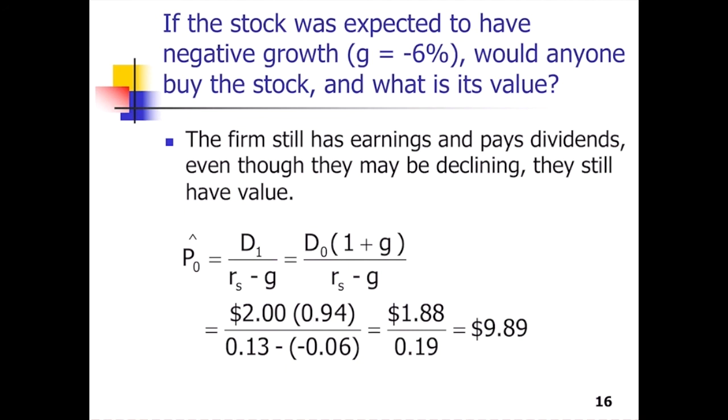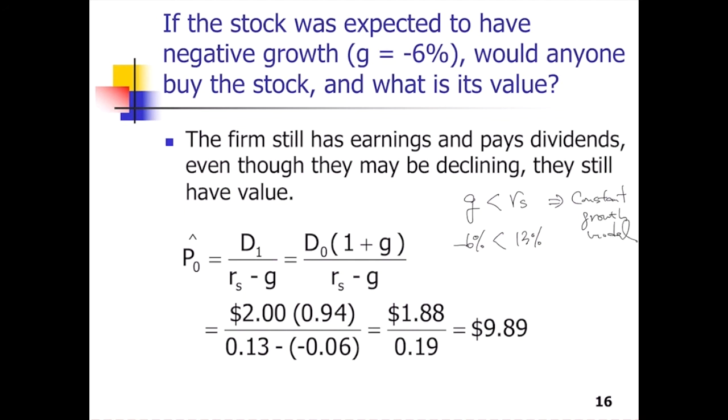Do you remember? G should be less than RS, right? In this case, G is minus 6% and RS is 13%. As you can see, G is less than RS. So we can apply the constant growth model, right?